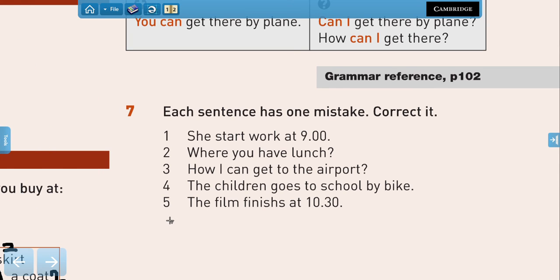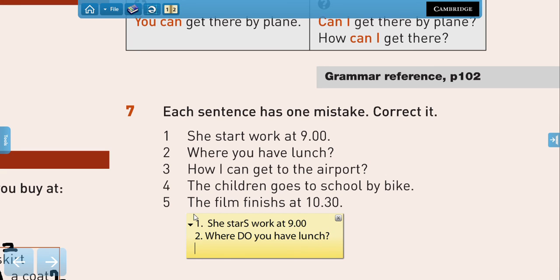Number 1 says, she start work at 9. So the mistake in this case is in the verb. She starts work at 9, right? Number 2, where do you have lunch?